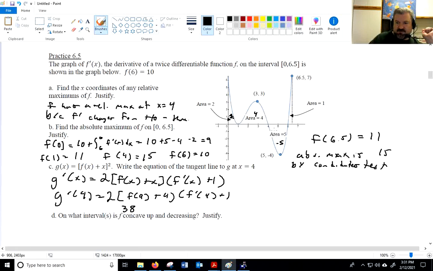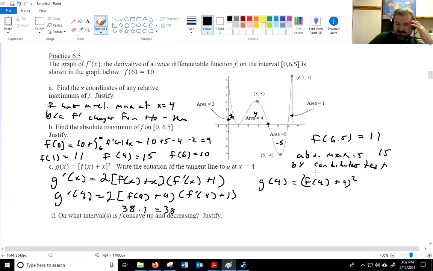f prime of 4, what is f prime of 4? f prime of 4 is 0. Do you see that? The derivative there, because this is a graph of f prime, right? So that's 0 plus 1 is 1. Okay, so 38 is g prime of 4. We also are going to need to find g of 4 in order to write this equation of the tangent line. Well, that's equal to f of 4 plus 4 squared.